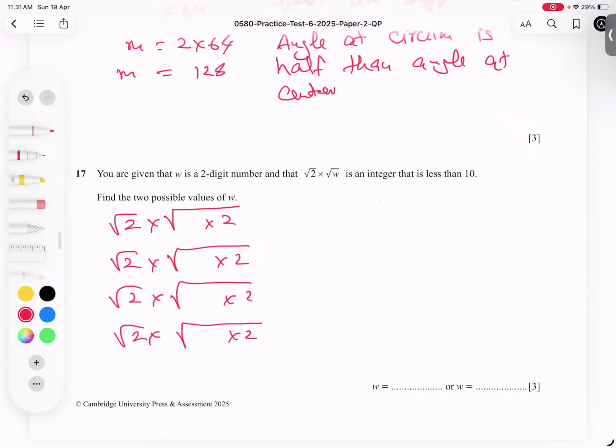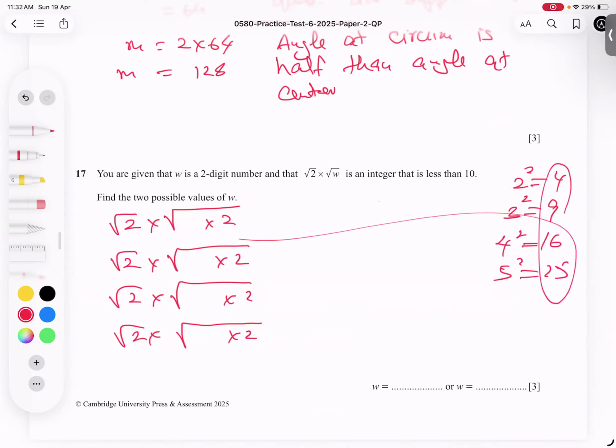Now, what is the number? This number must be a square number. Square numbers mean 2 squared is 4, 3 squared is 9, 4 squared is 16, 5 squared is 25. So these numbers must come here. For example, if I take a 4 here, 4. If I take a 9 here, 9. If I take a 16 here, 16. If I take a 25 here, 25. So let's try to do it.